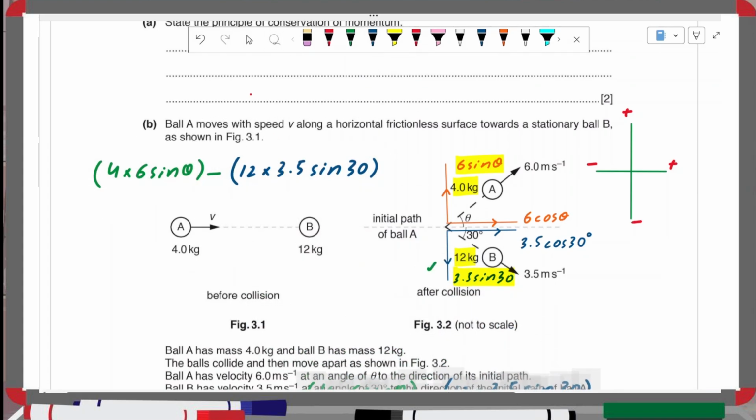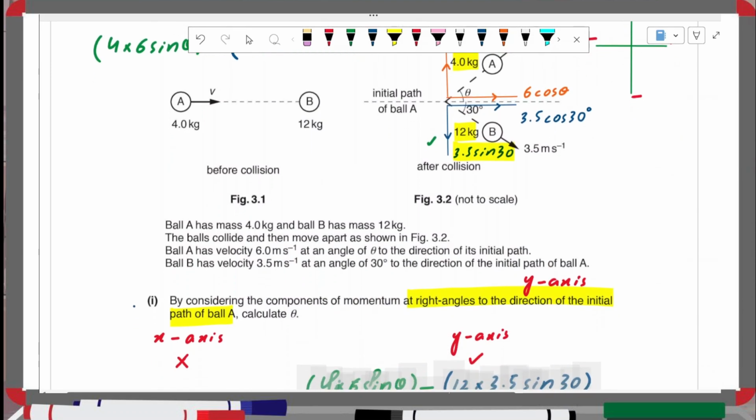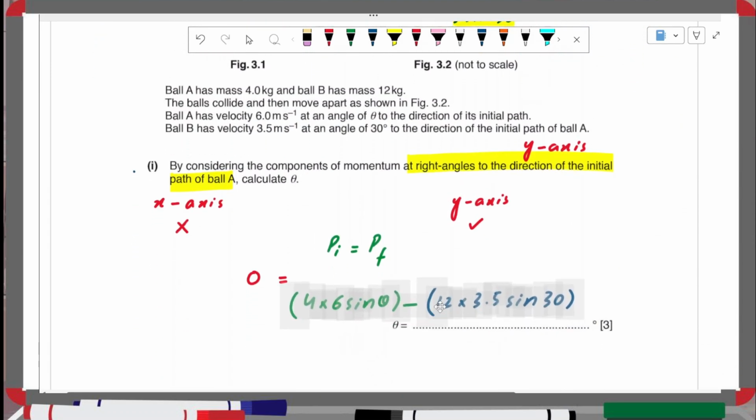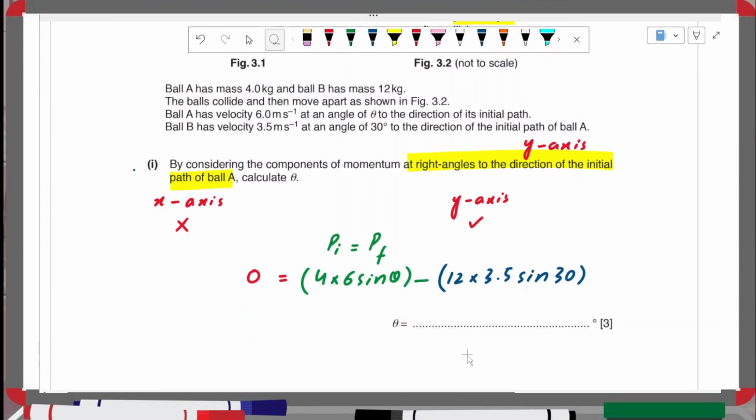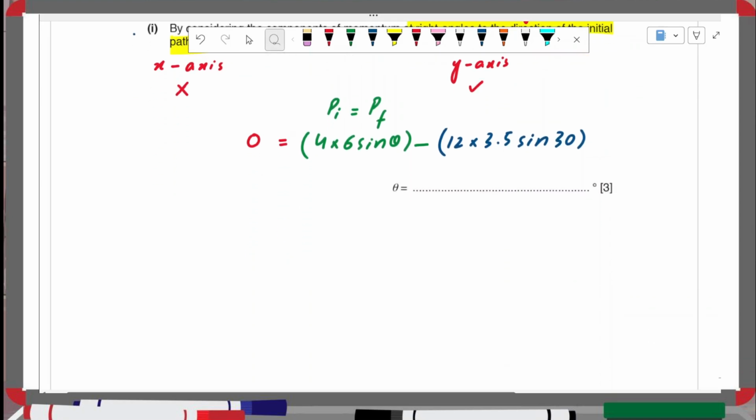So 0 equals to that. Which value needs to be found out? We have only one missing value here, asked in the question, which is the angle theta. It shouldn't be very difficult. It is just a question of mathematics now.